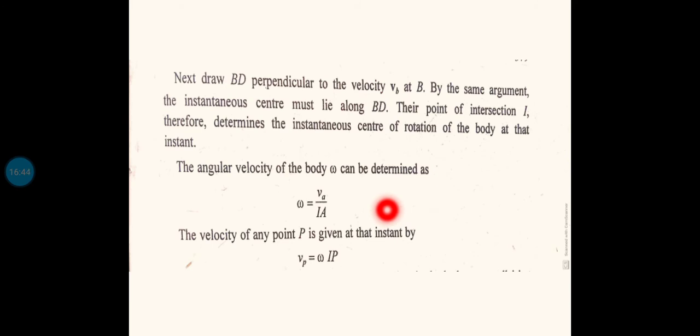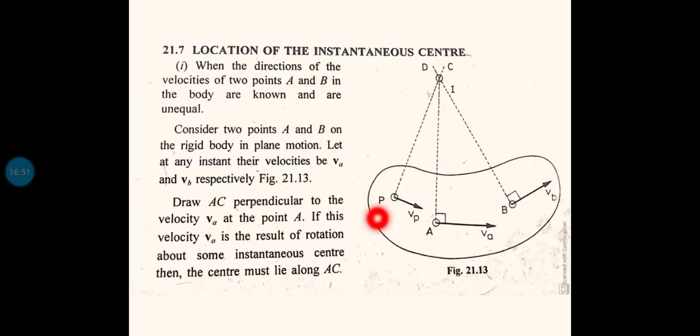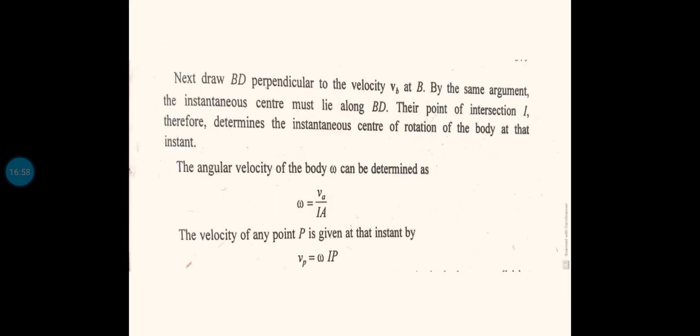So omega is Va by Ia. Similarly, if you want to find the velocity of P, then Vp will be equal to R omega. Here R is Ip. Ip will be the radius of rotation. So Ip into omega will be the velocity of point P.